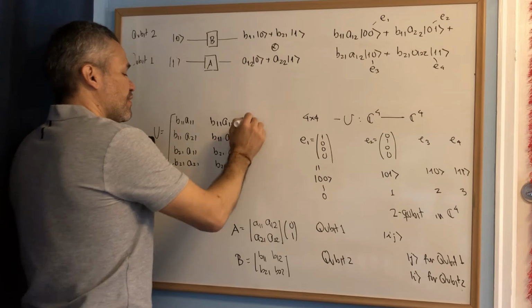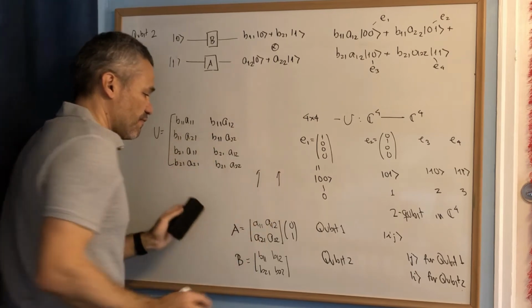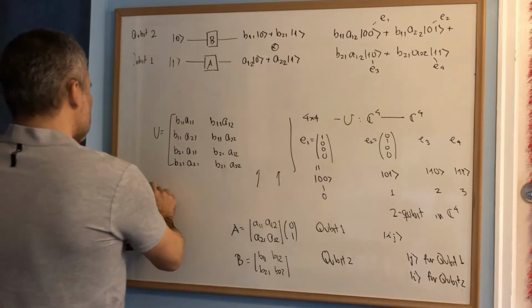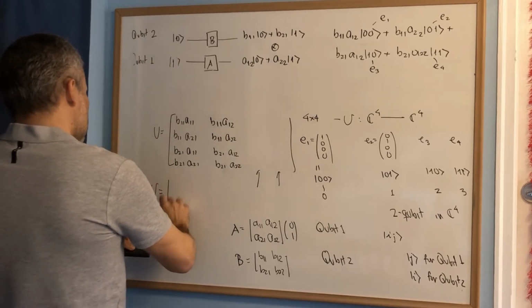And when you do the third column and the fourth column, you will see that you will end up with a matrix that goes like this.